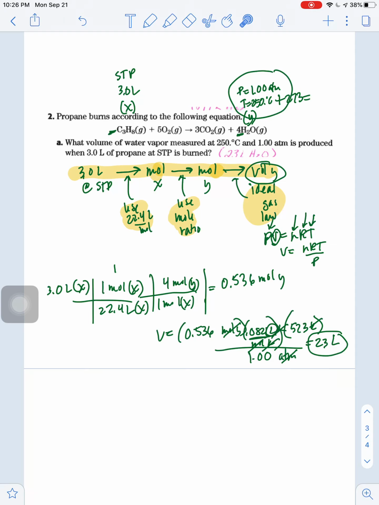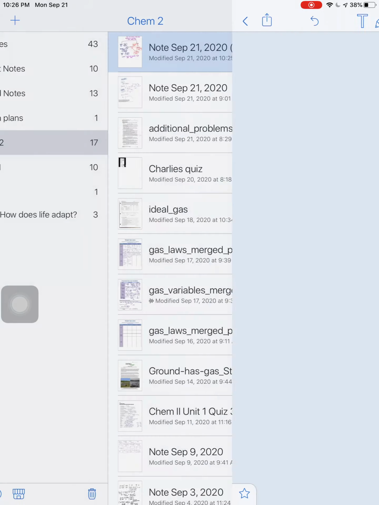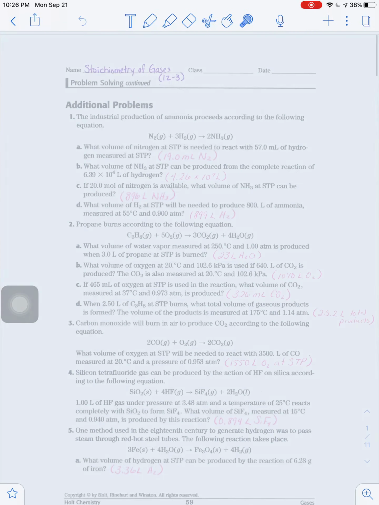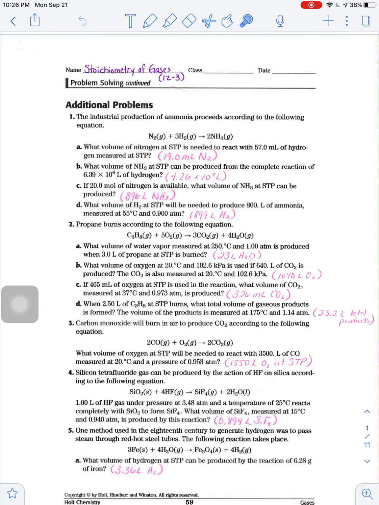Okay, the answers are given on the worksheet. I did basically problem 1, and then I did A of problem 2. So I'd like you to finish problem 2, and then do 3, 4, and 5.